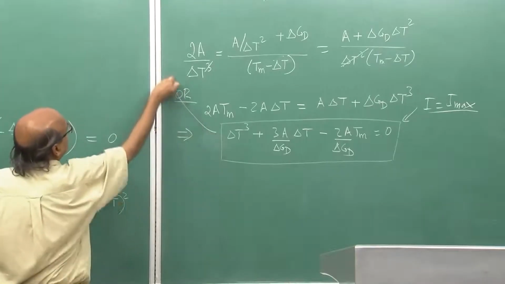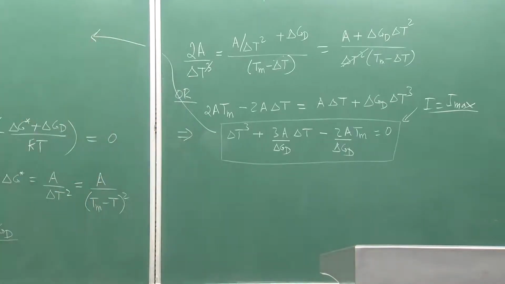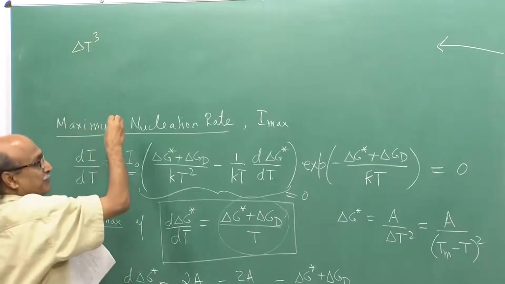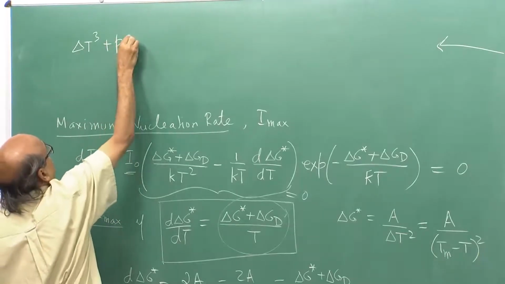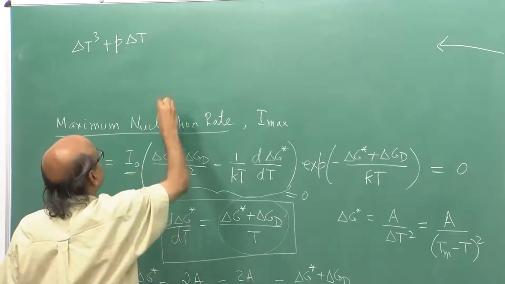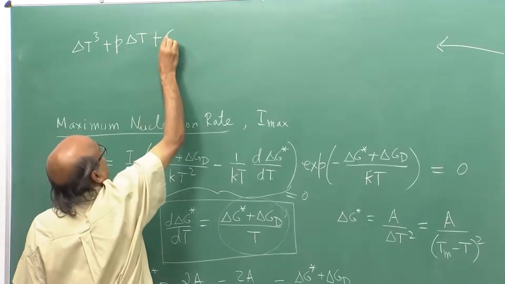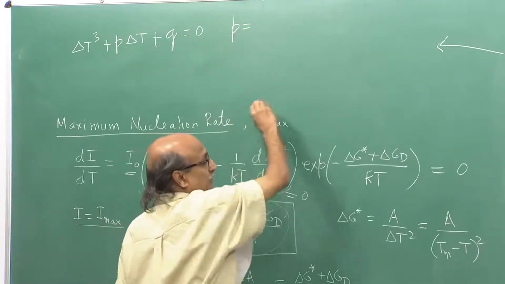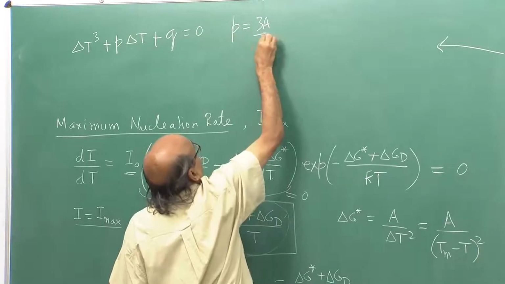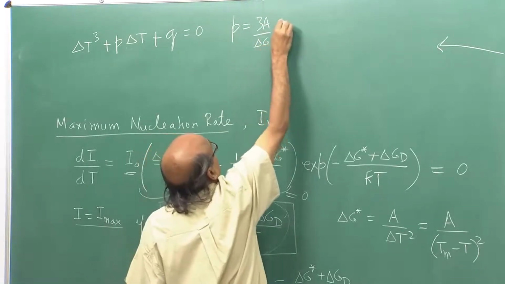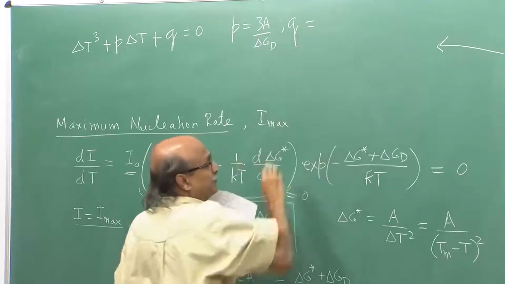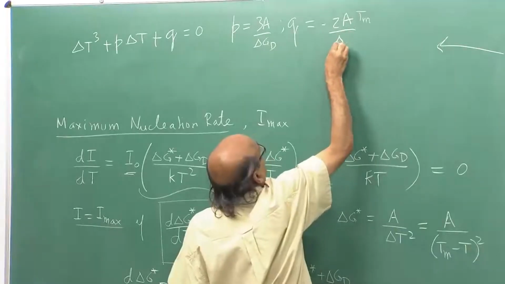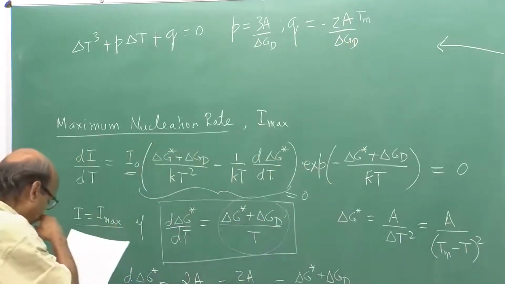If I write this relation in this form, delta T cube plus P delta T plus Q equals 0, where P equals 3A upon delta GD and Q equals minus 2A Tm upon delta GD.